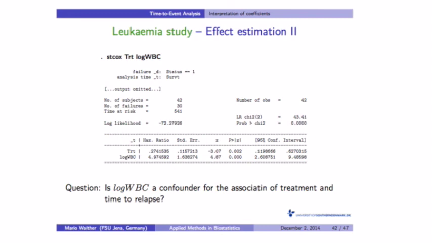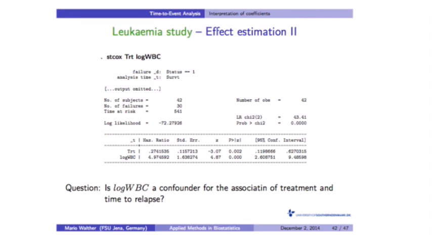So by increasing the white blood count cells by a factor of 10, you would get an increase of the hazard ratio by a factor of 5, adjusted for treatment.